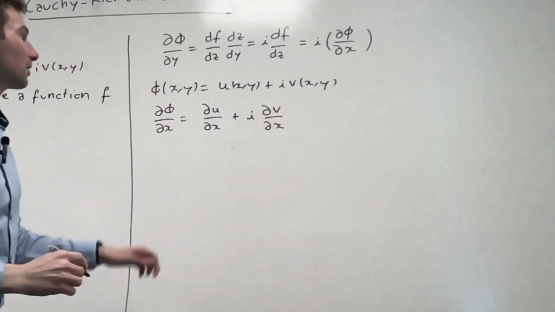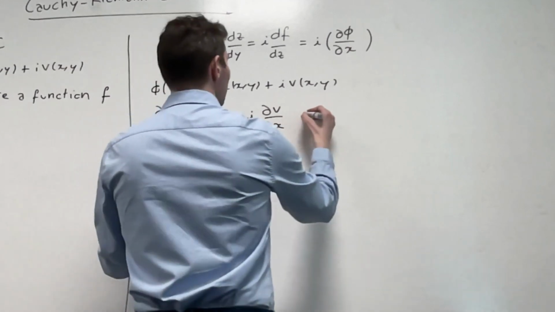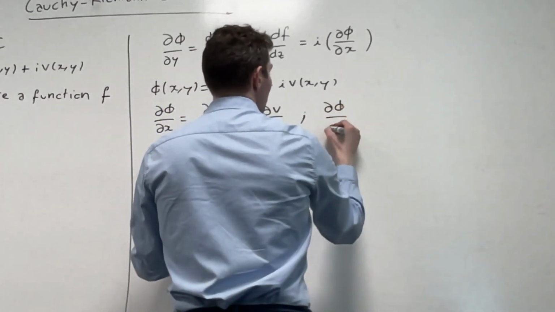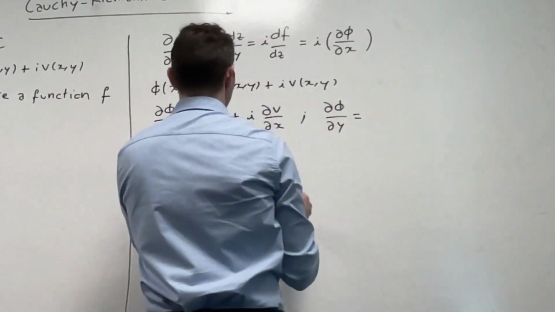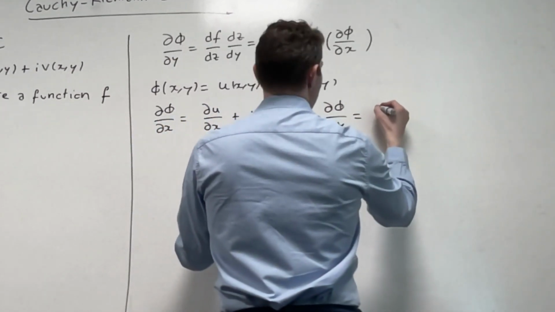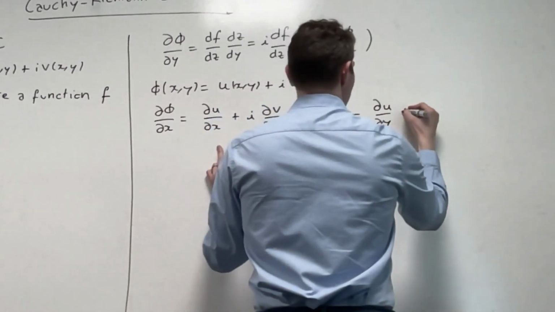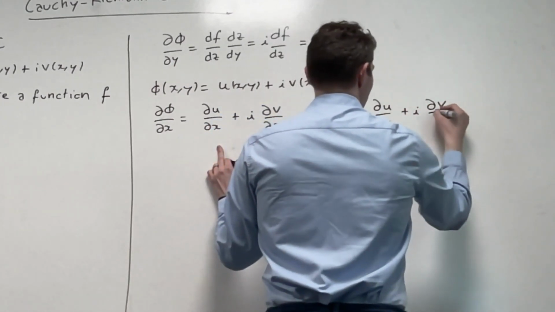Okay, so far so good. And then I can do the same for d phi dy. So d phi dy is equal to du dy plus i dv dy.